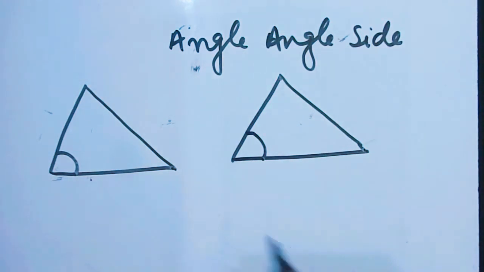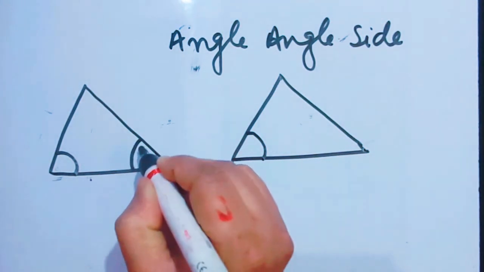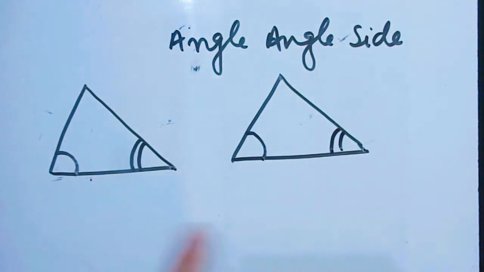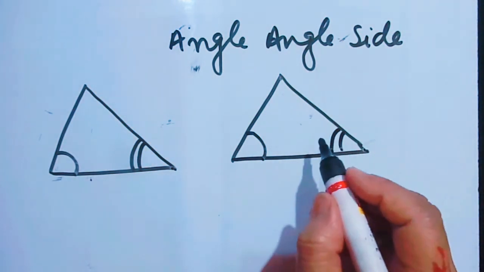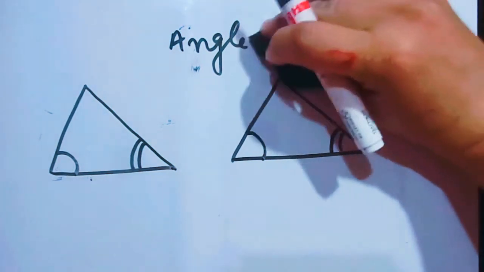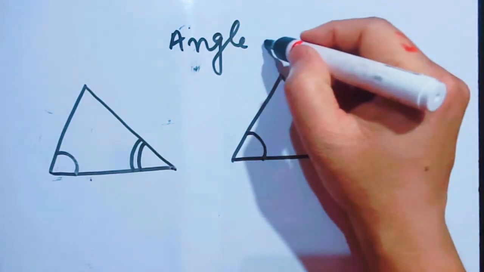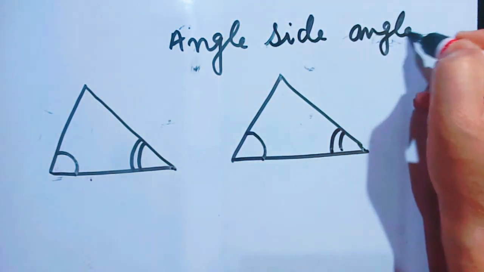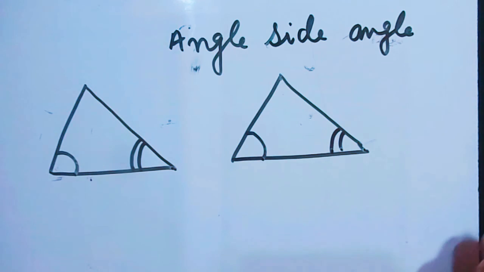They are given equal. Similarly, this particular angle and this particular angle are given equal. Sorry, not angle, angle, side, I am going to take angle, side, angle first. After that we shall be doing angle, angle, side.